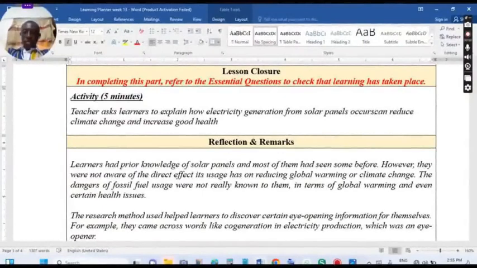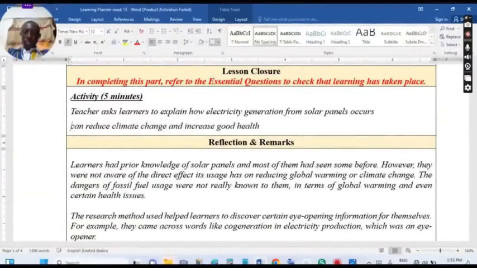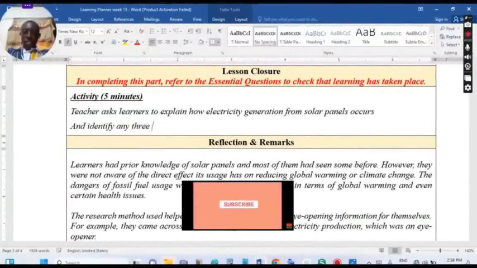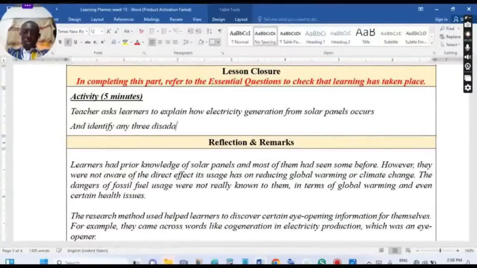Then the next one, and also identify any 3 disadvantages of fossil fuels in electricity generation.